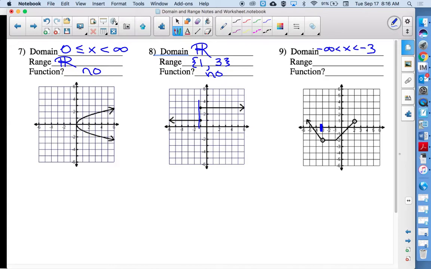And then Nick, for the rest of it, it would be negative 3 is less than x, which is less than 2. Because that hole in the graph is a break in the graph. That's where it stops. So we're going to describe the piece up until the break, and then we're going to describe the rest of it as well.